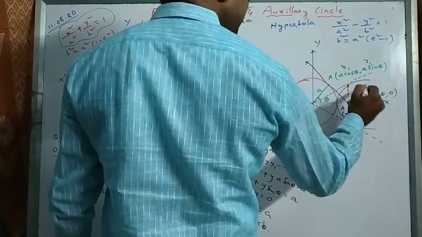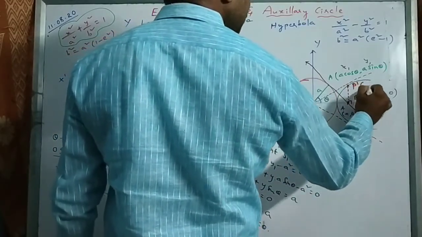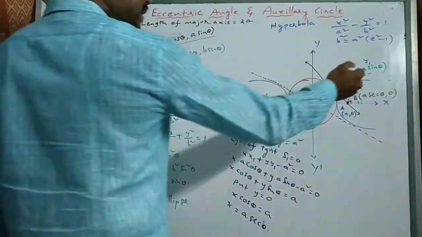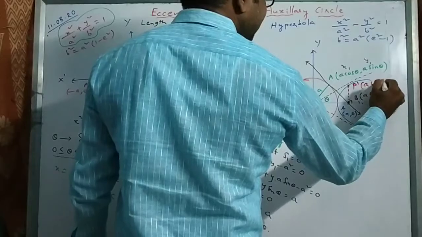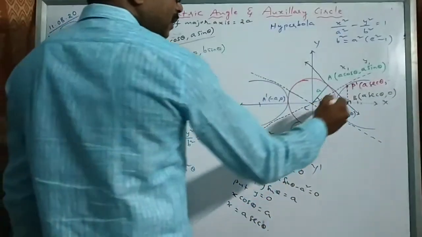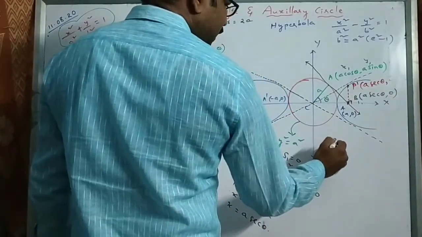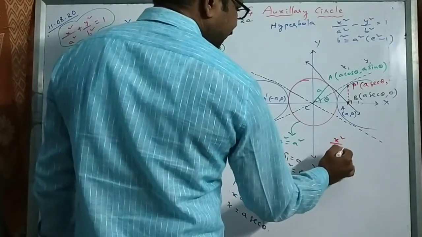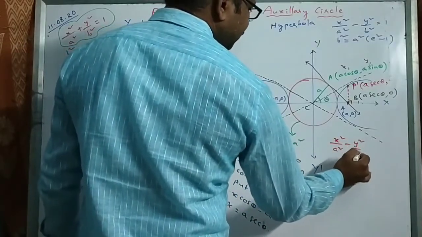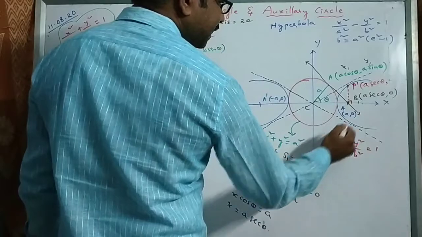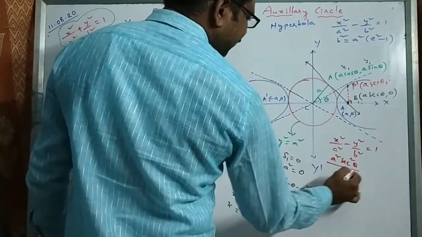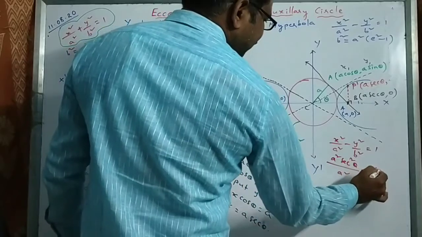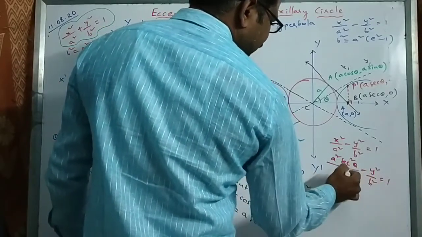So my coordinates of P dash. Since it is on the hyperbola, first point is already a secant theta. Its x coordinate same. So a secant theta you put in the hyperbola. x square by a square minus y square by b square equal to 1. In the place of x keep a secant theta. So a square secant square theta by a square minus y square by b square equal to 1.